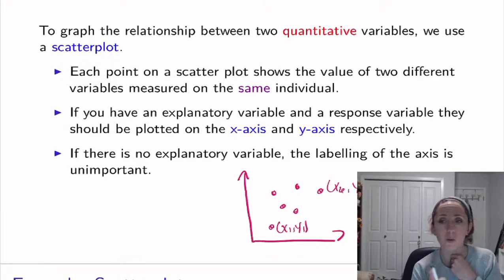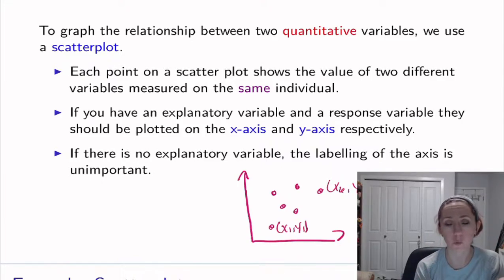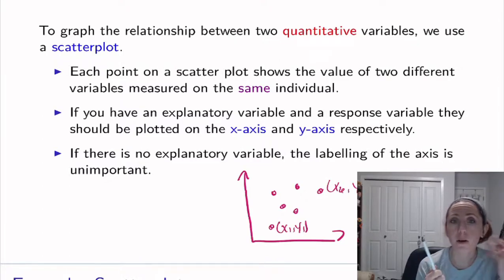So how many hours you work and your hourly wage, the temperature of your oven and the amount of time it took your cookies to bake, the number of products that you bought versus the number of products that you sold. For a single observation, we have a conjoined x and y that I'm going to put onto my graph.